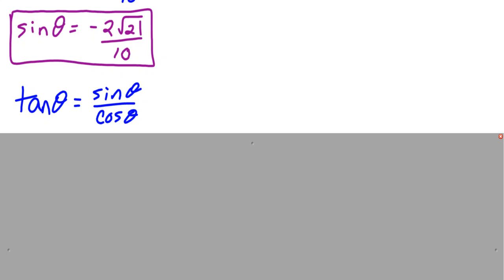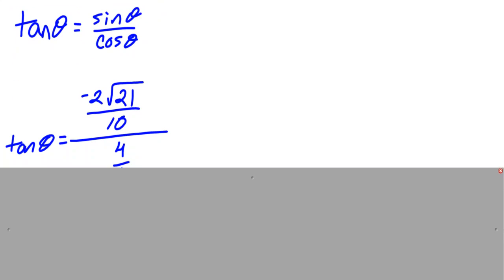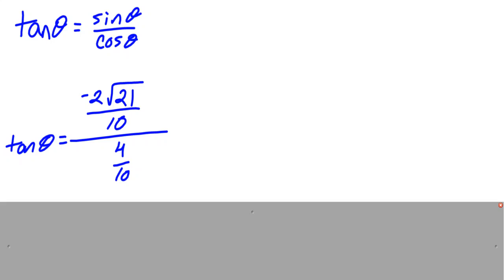We can use this identity because we know that sine is equal to negative 2 rad 21. That's what we just solved for. And we know that cosine is equal to 4 over 10. This looks a little messy, but if you have a fraction being divided by a fraction, you can do a keep change flip.